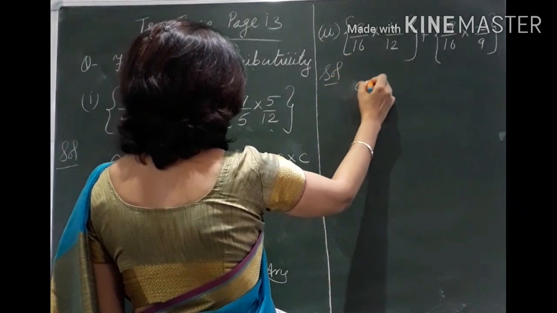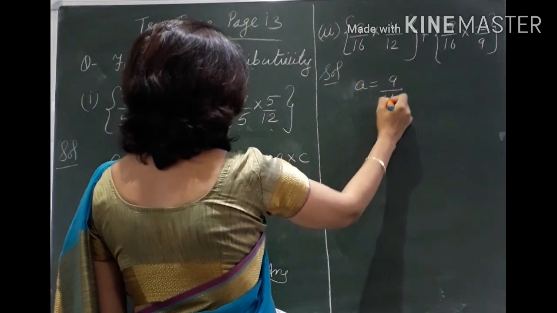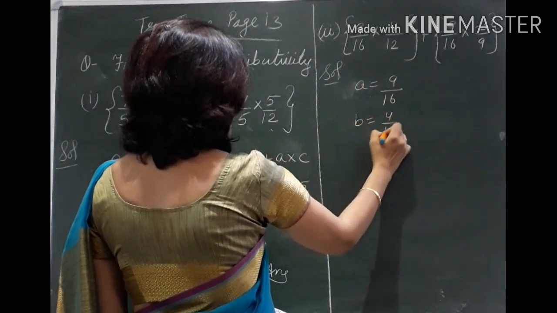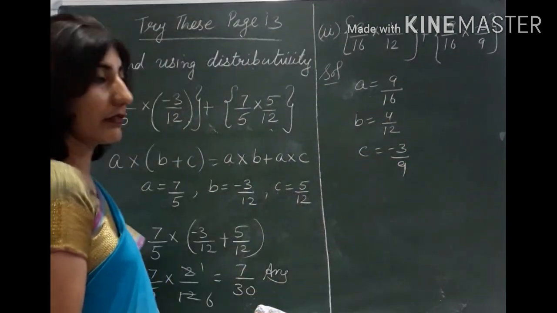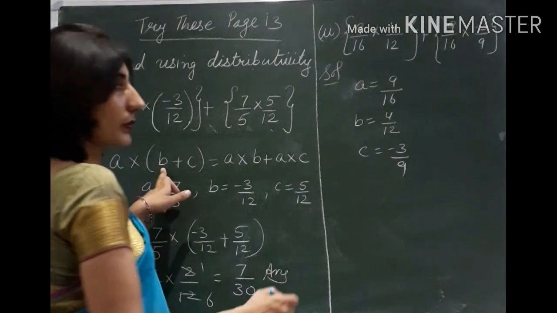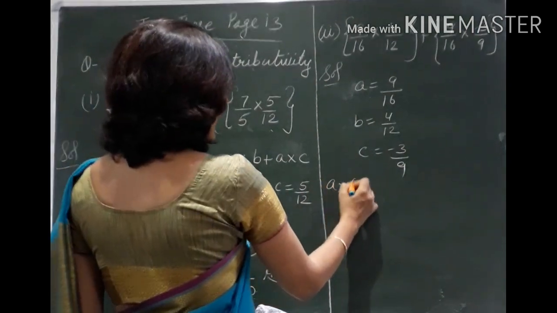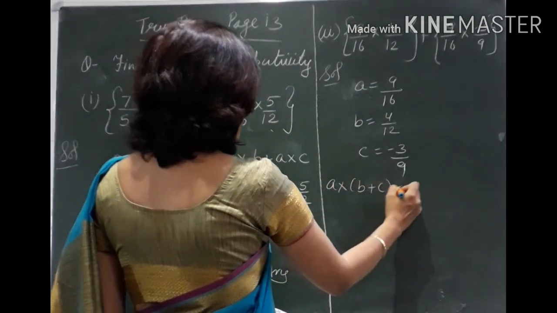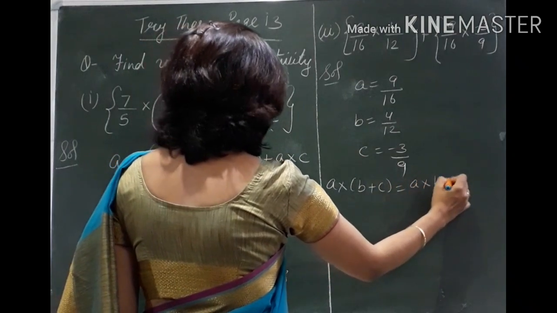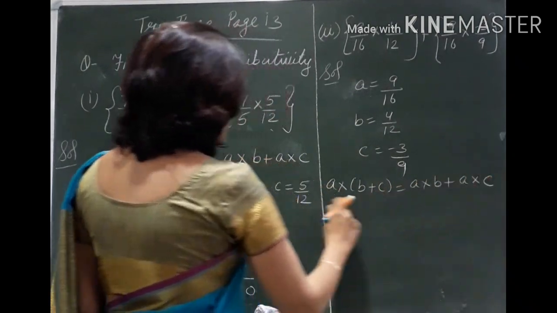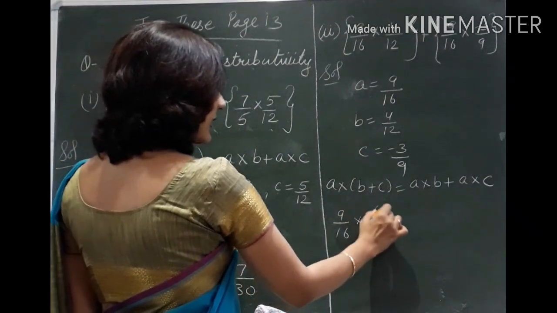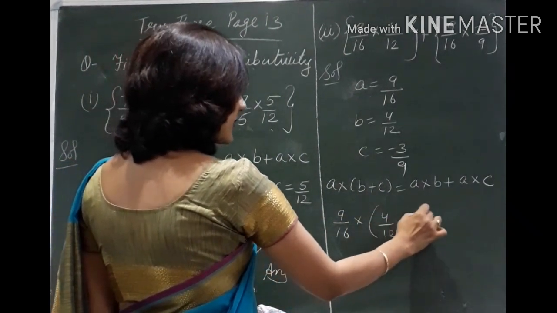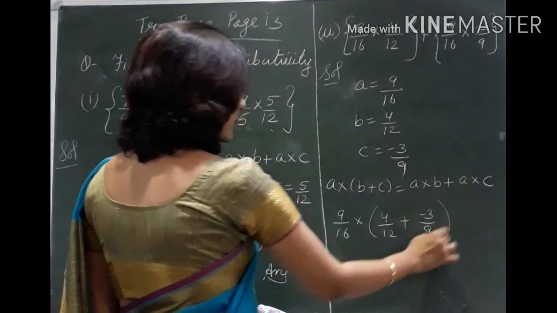In the second part, the value of A is 9 by 16, B is 4 by 12 and C is minus 3 by 9. Again we will use this property A into B plus C. So you can write A into B plus C is equal to A into B plus A into C. So here A is 9 by 16 multiplied by 4 by 12 plus minus 3 by 9.